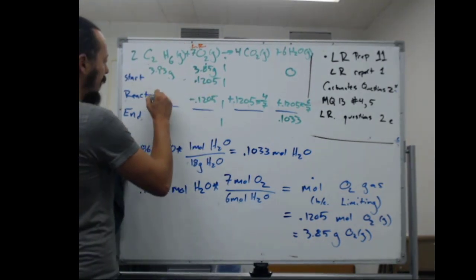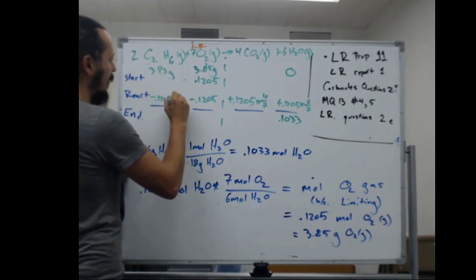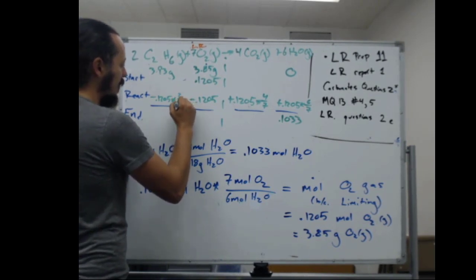And then I can also do minus 0.1205 times 2 to 7.